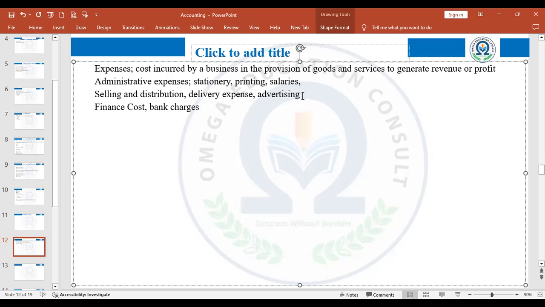Okay, now the difference between expenses and assets is that assets are resources or properties that seek to benefit a business in the process of making goods and services available. But expenses are more or less like the cost you have to incur because you are providing goods or services to make profit.